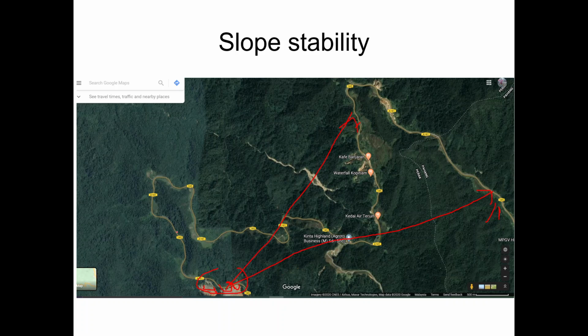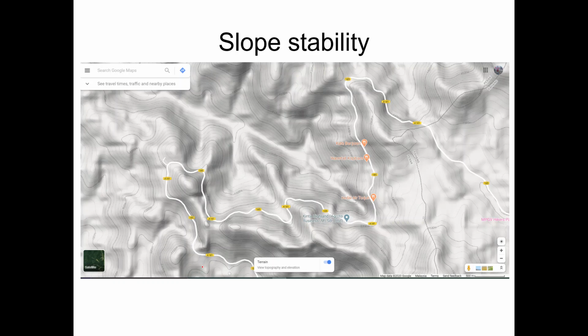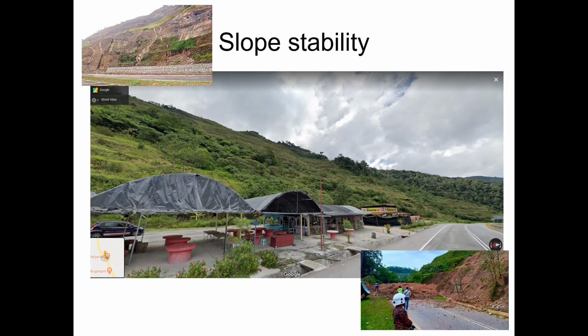Because of that gradient, it will cause a lot of stability issues. So we have to find the geological structure of the area, and then you are able to design. This is the example for Kampung Raja.